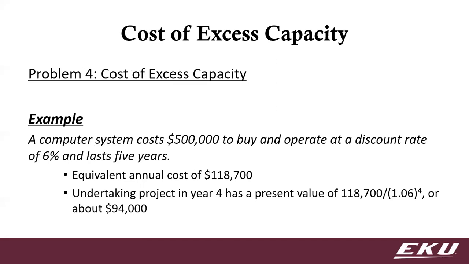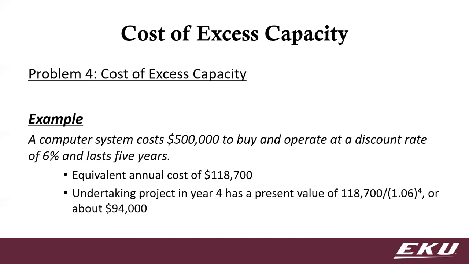And so in this particular case, we have this computer system. It costs $500,000 to buy and operate, and the discount rate is 6%, and it lasts 5 years, right? You could do that same calculation, and you'd get an equivalent annual cost of $118,000.